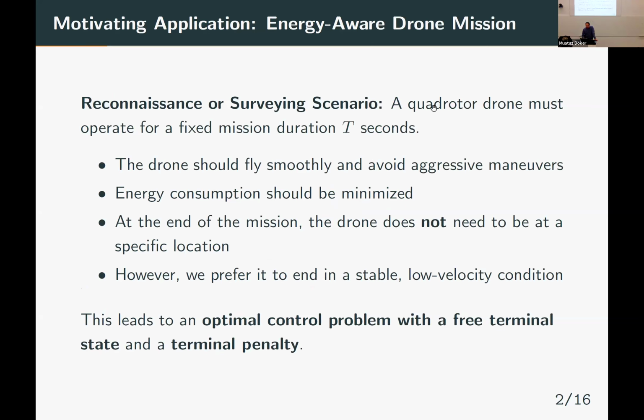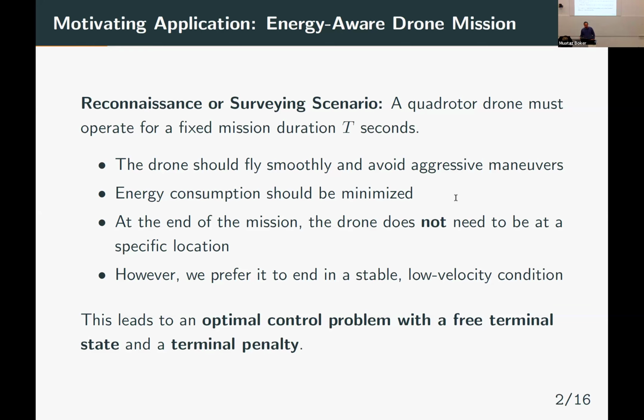So here's a motivational example of an application that describes this problem. All right, so let's consider an energy-aware drone navigation. So let's say that we would like to design a control system for an autonomous drone. We would like to deploy the drone in the field.